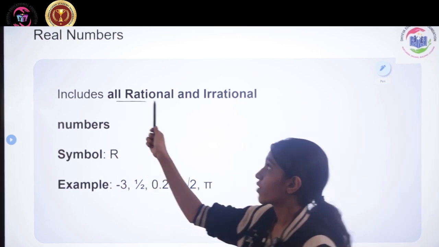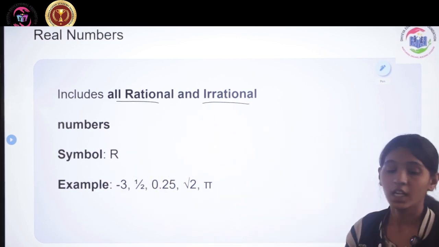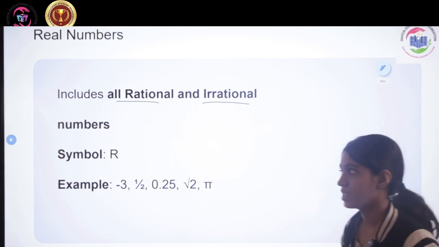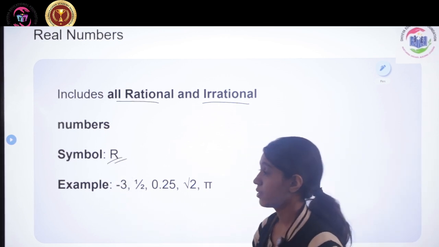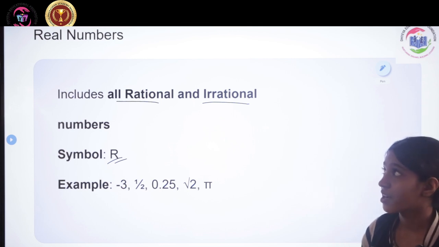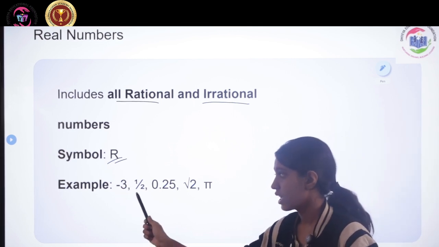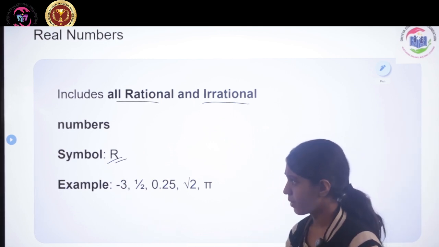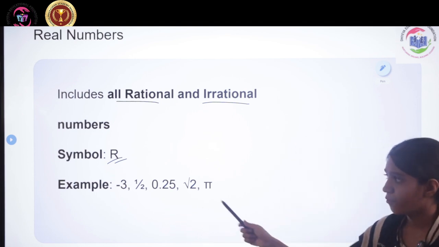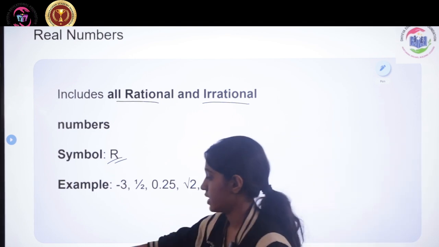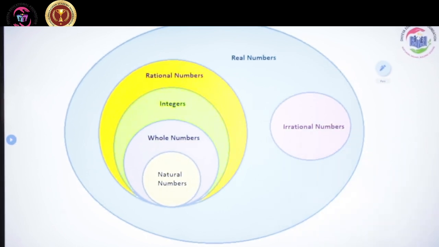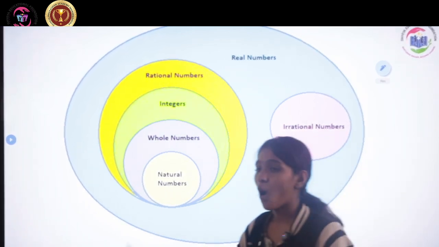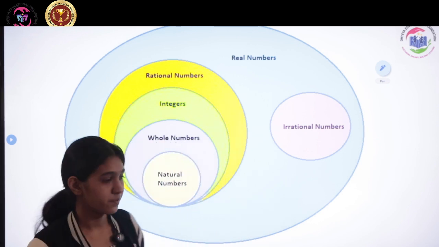It includes all the rational, irrational numbers, integers, whole numbers, and natural numbers. The symbol used for real numbers is R. Examples: -3, pi, 1 by 2, 0.25, √2. In this image you can see that real numbers contain rational numbers and irrational numbers. That means a real number is a number which contains all types of numbers.